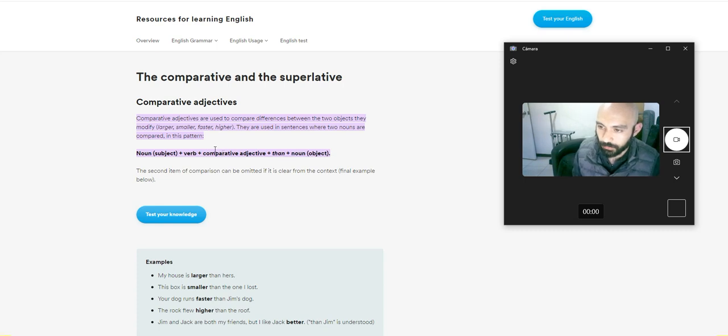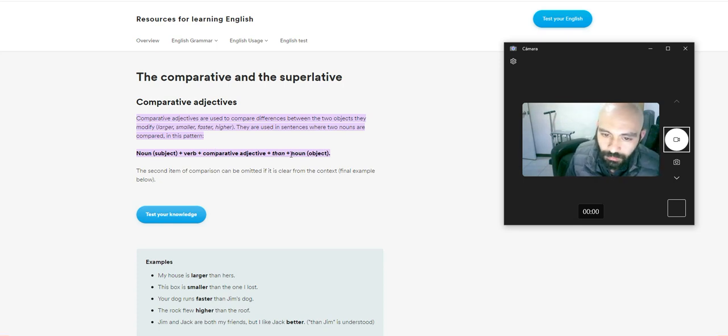You need to have the verb, right? You can't say this more expensive than that, because you need that connection with the verb be to make the appropriate comparison, right? Because if you don't have a verb, which in this case is going to be the verb be, you can't have a sentence.